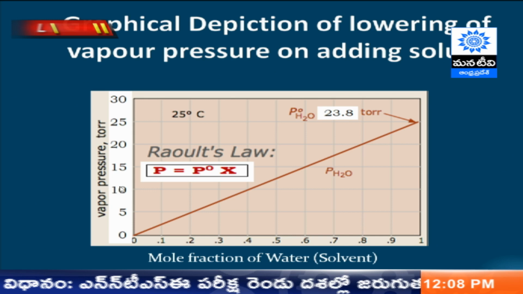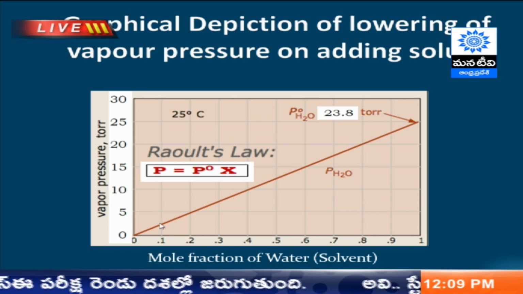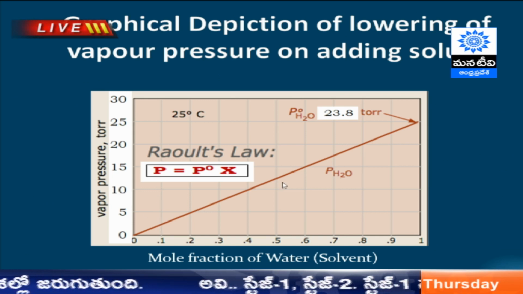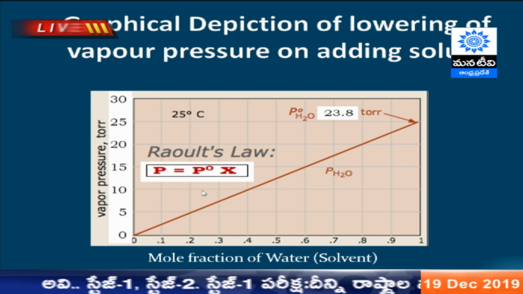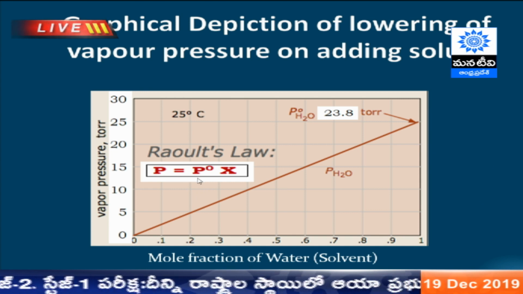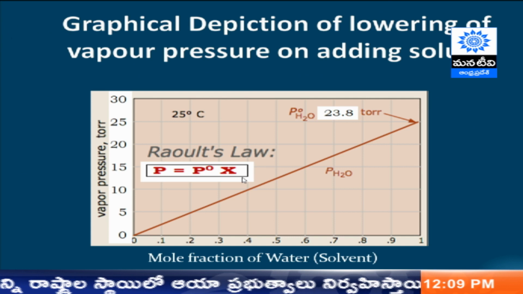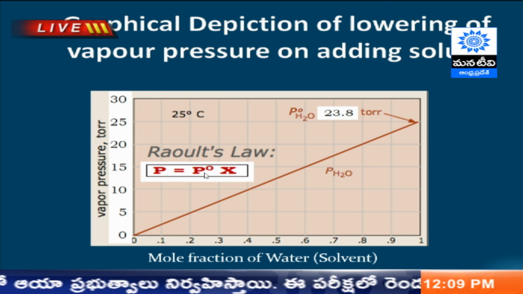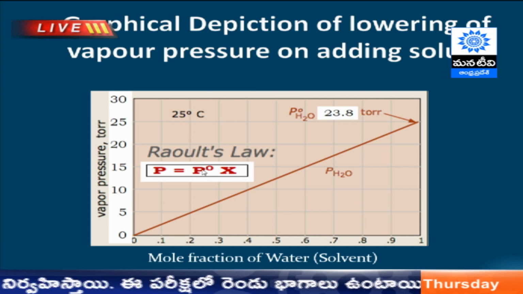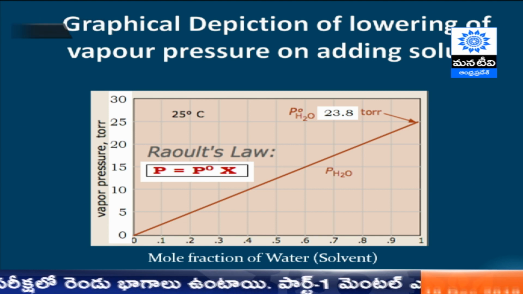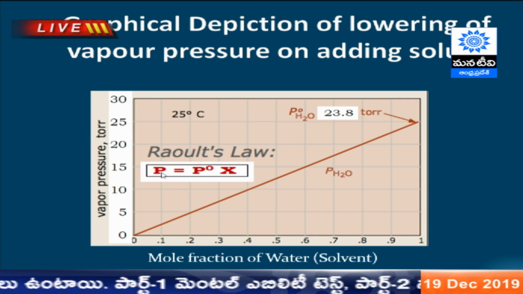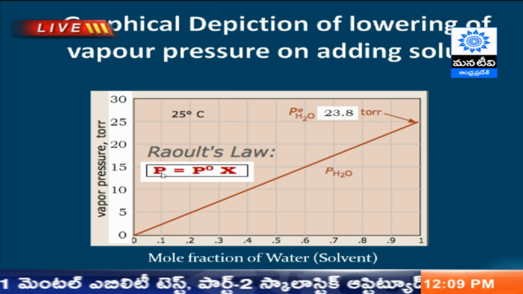This means the vapor pressure at any mole fraction can be known by the formula P = P0 x, where x represents the mole fraction and P0 is the vapor pressure of the pure solvent, and P is the vapor pressure of the solution after adding the solute.